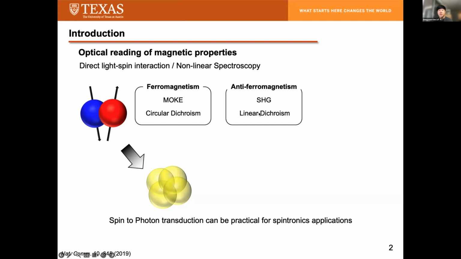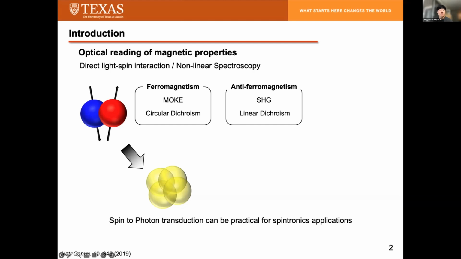They are already very good tools to detect the spin information from your system, but typically those techniques are somewhat sophisticated, and you also need to analyze the data after you take the measurement. So for science itself, they are already good, but for device application, it's not that ideal.